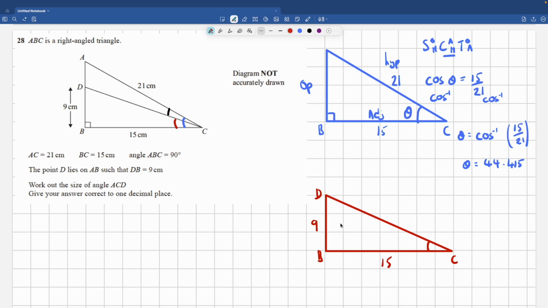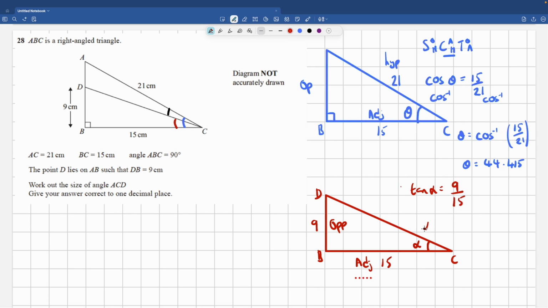Now we can go through the same process for the smaller red triangle. This time we know the opposite is 9 and the adjacent is 15. So now we're going to use tan because we've got the opposite and the adjacent. Let's call this one alpha. So the tan of alpha will be the opposite divided by the adjacent.